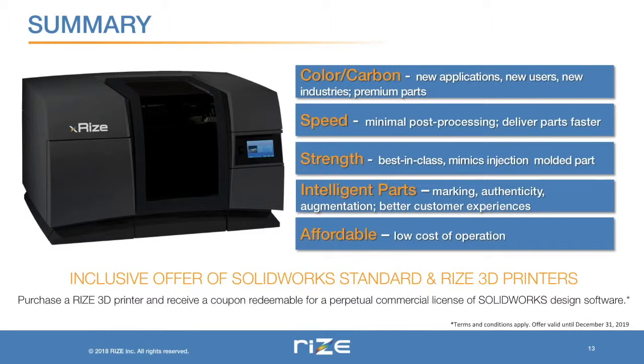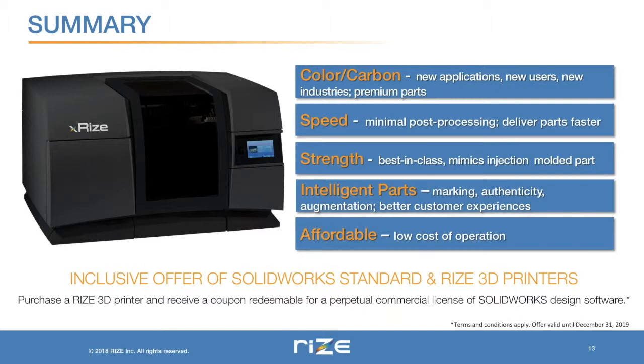Now, just as a review, some of the features offered by the X-Rise that can be quite useful to additive labs include the differentiation offered by color and carbon capabilities that are all offered on a single machine, the X-Rise.